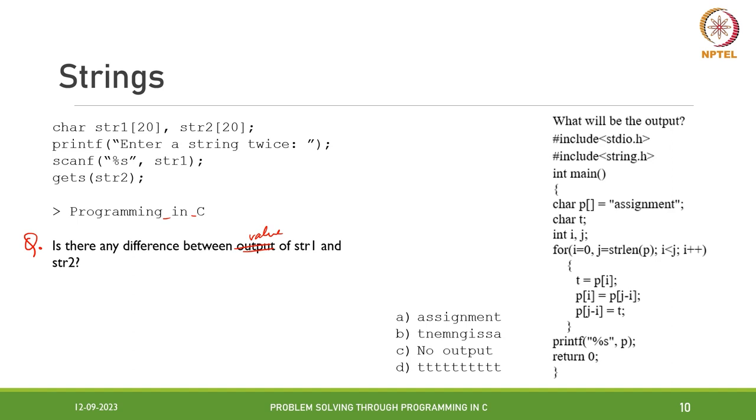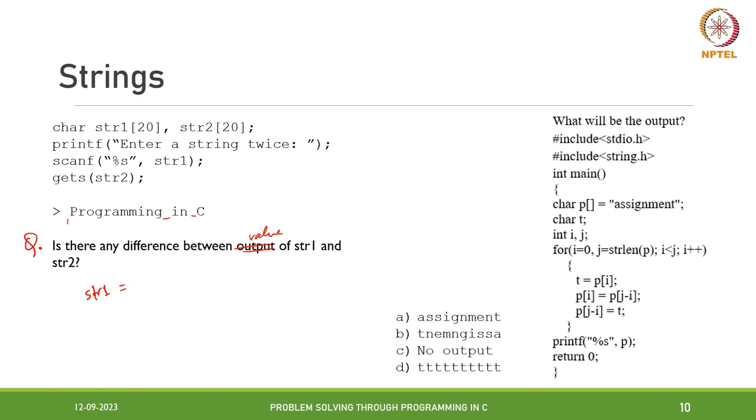Yes, sir. So what is the difference? The space will not be printed in str1, but the space will also get printed in str2, as it is a string, but scanf will take it as a character. Okay, not exactly, your explanation was a bit different.